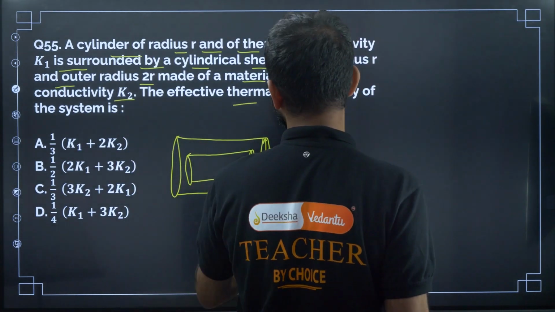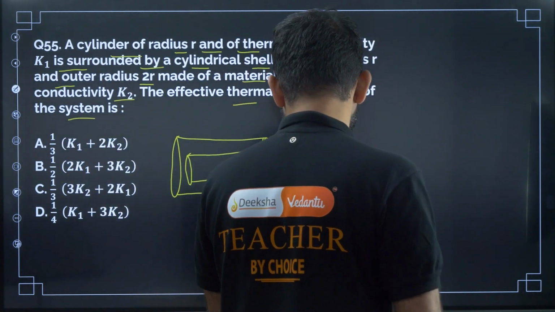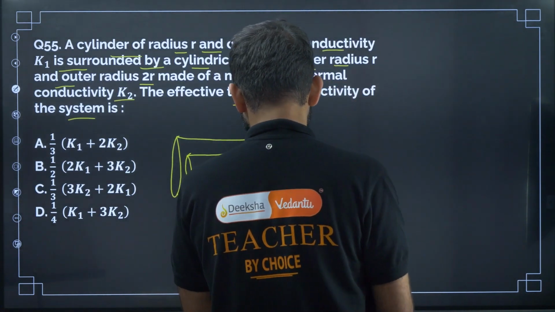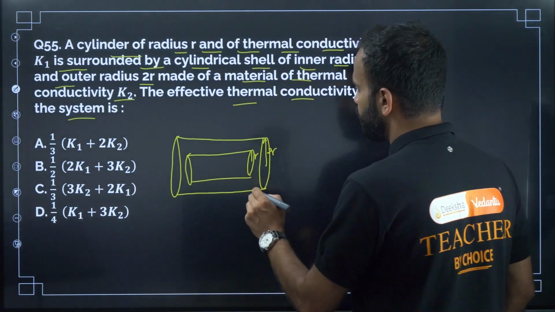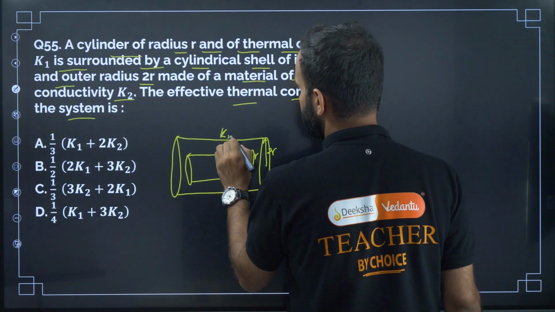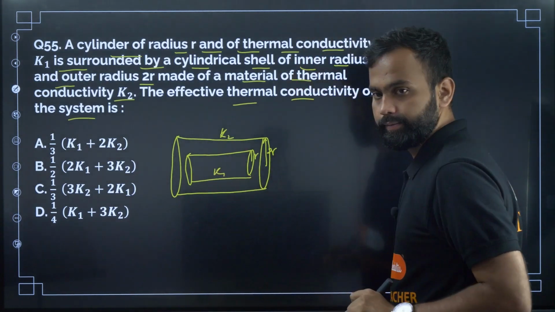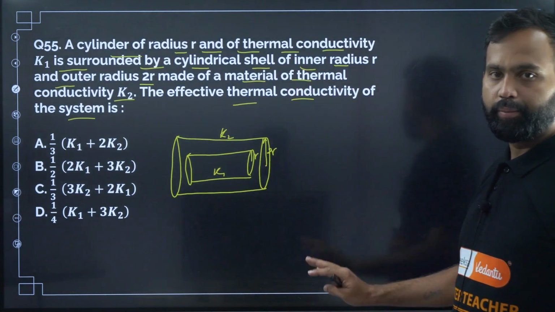The effective thermal conductivity of the system. Okay, we need to find the effective thermal conductivity of the system, right? So this is K1, and this is K2. Now these two cylinders are in parallel.